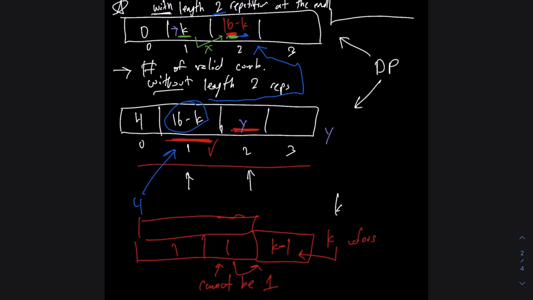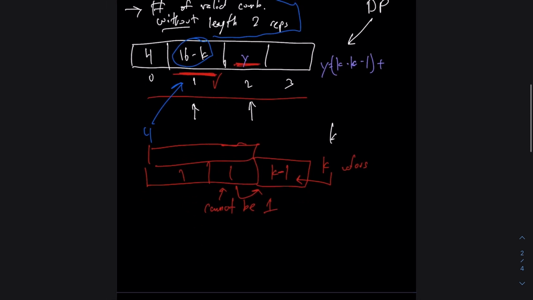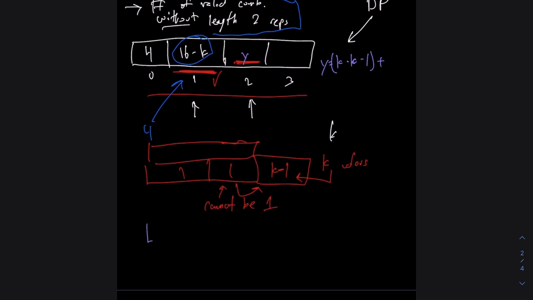So we're going to put this y value over here, k times k minus 1, and then we still have to add the number of combinations from itself, right? Because there are 16 minus k combinations right here that are different colors.